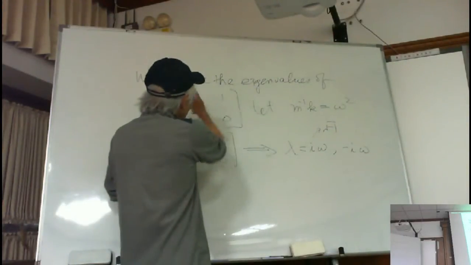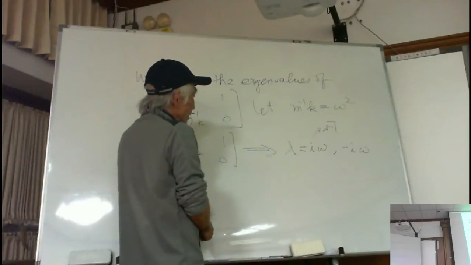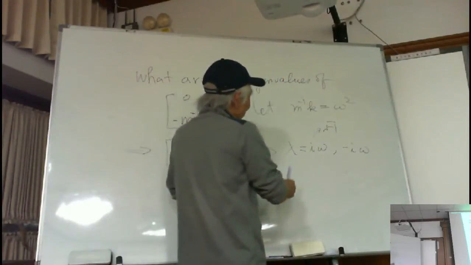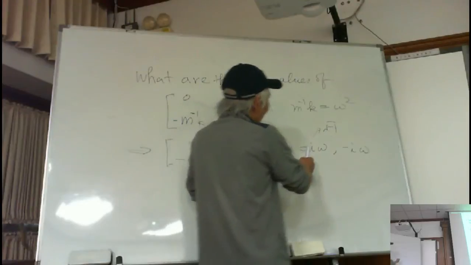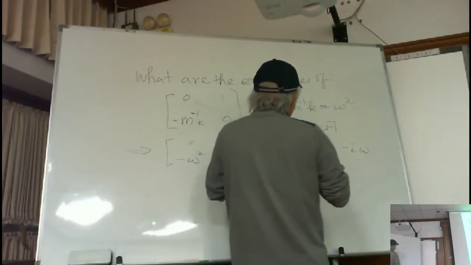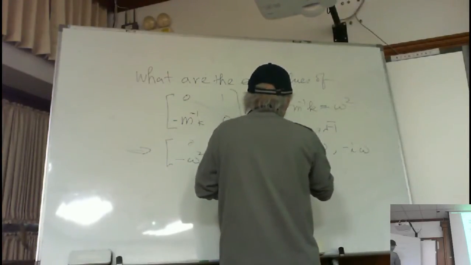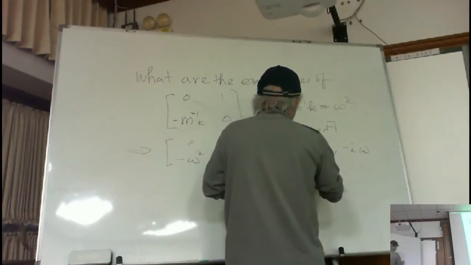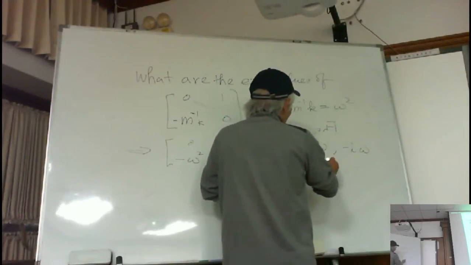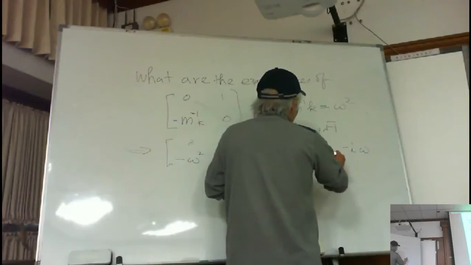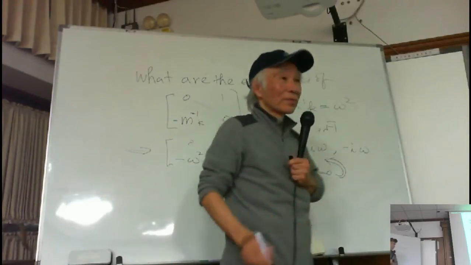Mathematically, because from second order I become first order, unfortunately, if I want to solve this, lambda square plus omega square equals 0, so that's the solution, right?